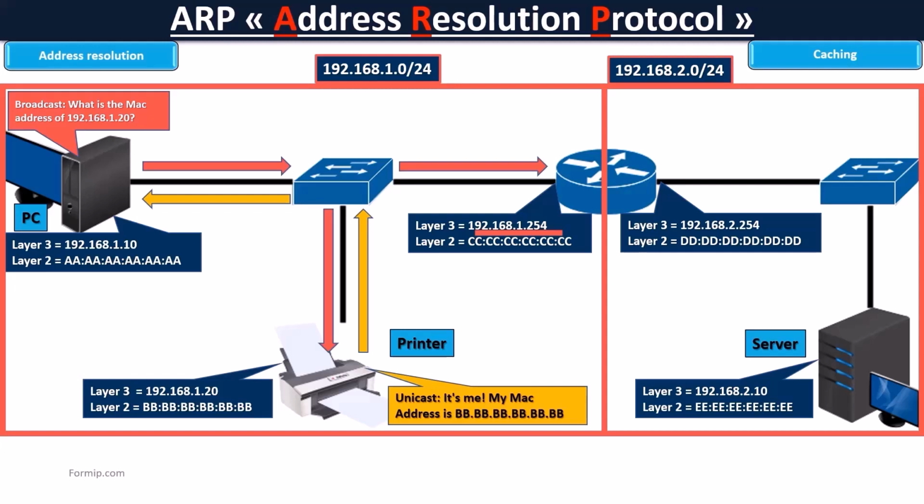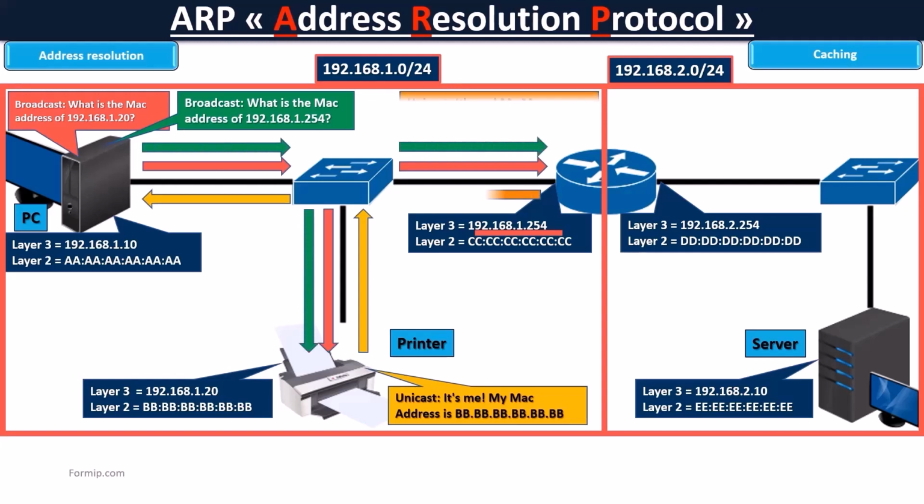As the PC has just been started, it also does not know the MAC address of its gateway. So it will again send a broadcast to find it, and the router will respond directly with a unicast frame. It is therefore the router which will carry out the communication between the two subnetworks.